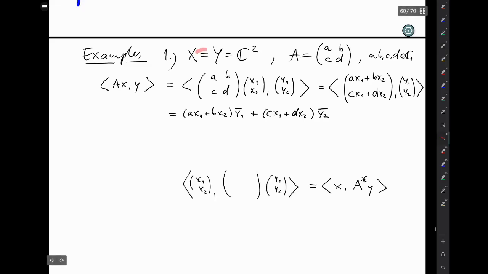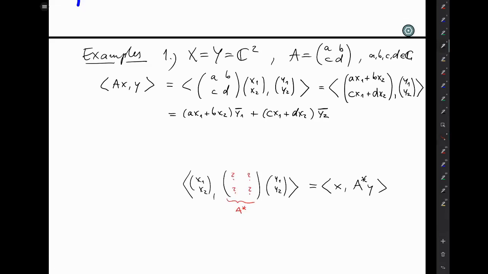Okay, because A is an operator from x to y, we know that A star is an operator from y to x. So in either case, it's also a mapping from C2 into C2, or it's given by a 2 by 2 matrix. We don't know the entries yet, so let's put question marks there.